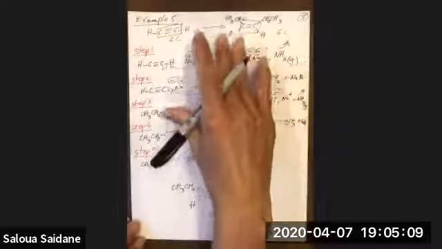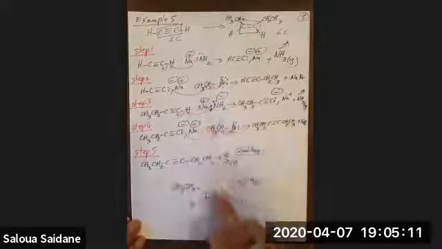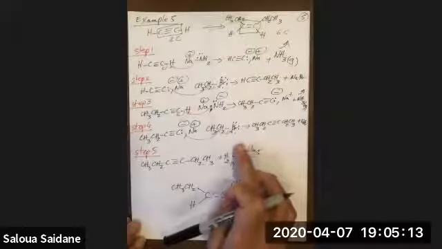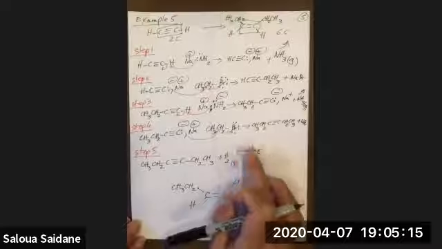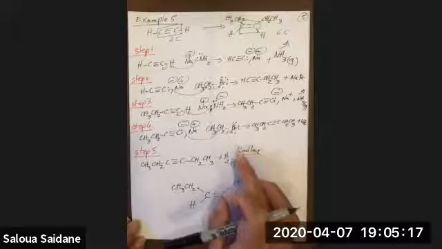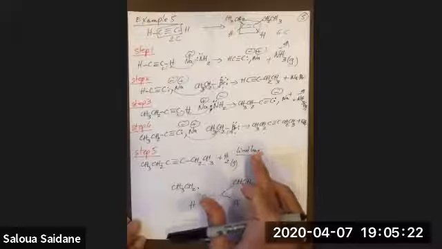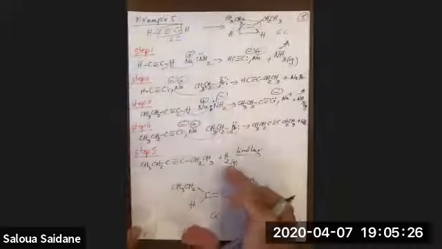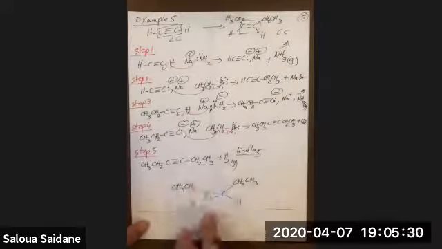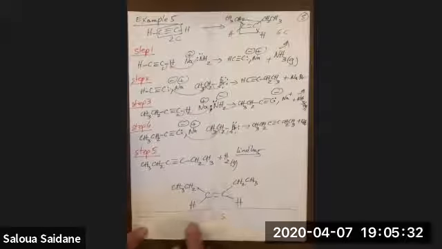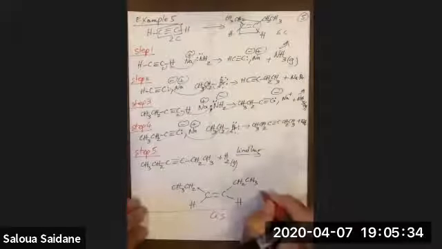What if we wanted to produce the trans? If we wanted to produce the trans, we would do all of this the same, but when we get here, instead of putting Lindlar, we would use liquid ammonia in the presence of sodium or lithium. I just want to show you that if we wanted the trans, the last step here, I'm going to put the cis here.